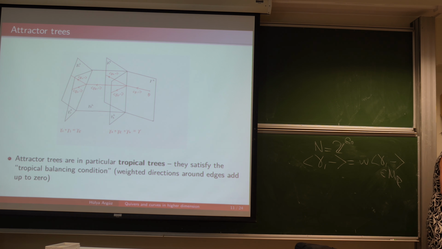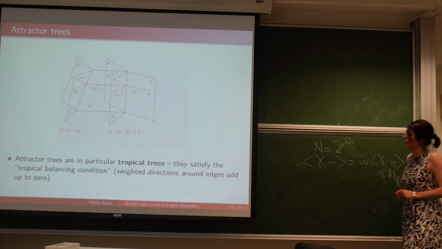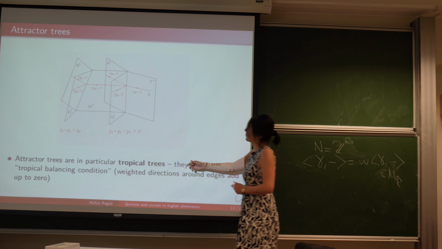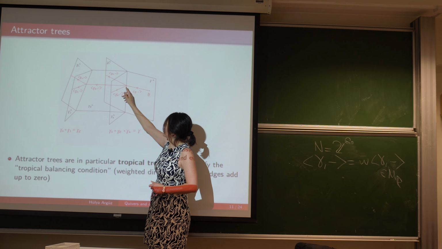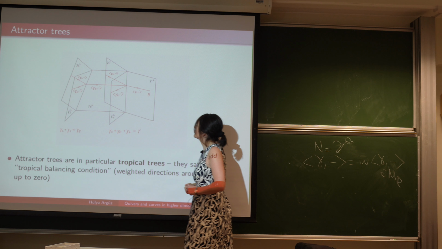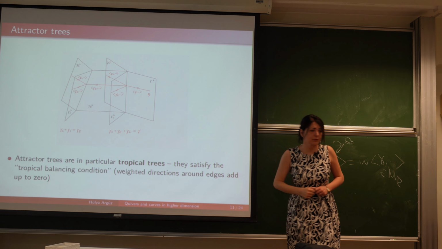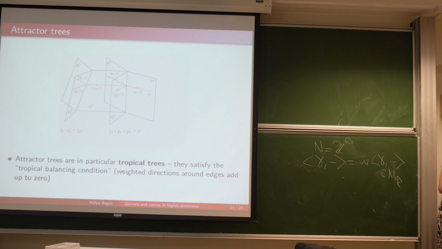But although they can be higher valent, they have the nice property of satisfying some tropical balancing condition, namely the weighted directions around every vertex sum up to 0. So you can view them as kind of tropical trees.